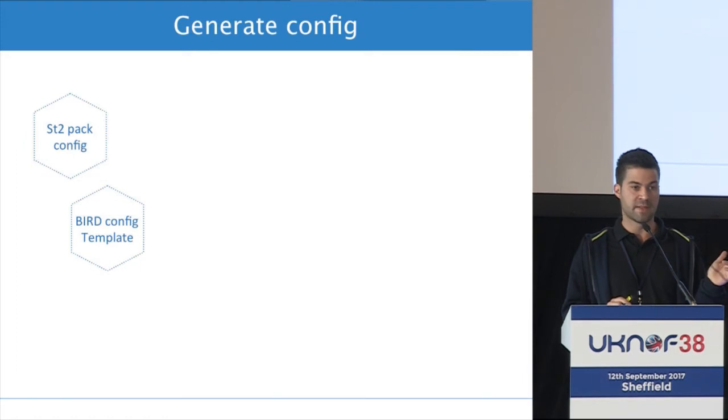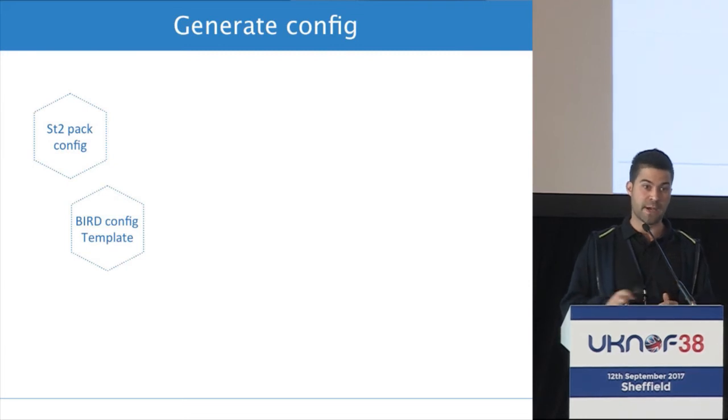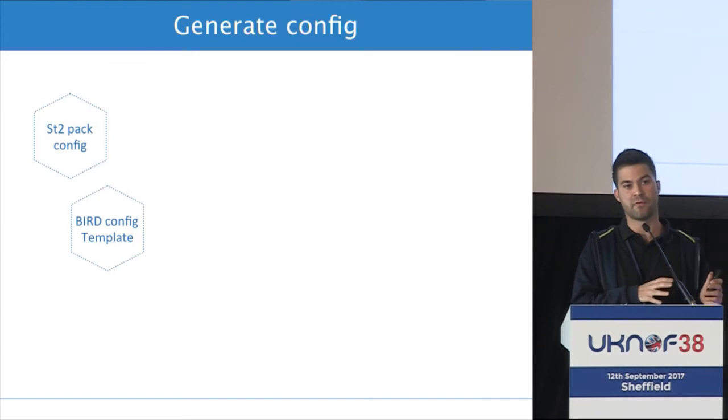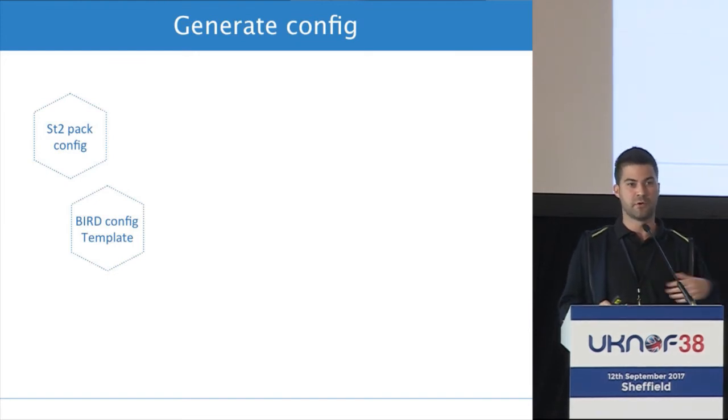First of all, you have the static data. The static data are stored in the BIRD pack configuration file. Just for your understanding, each pack should have a configuration file, and you can use this file to store all the values you want.